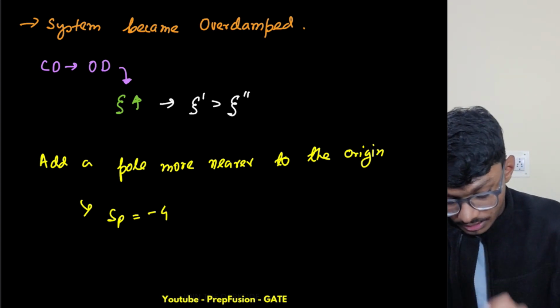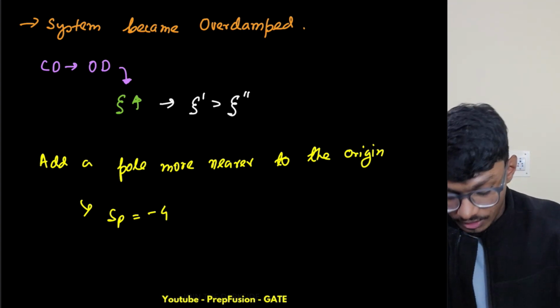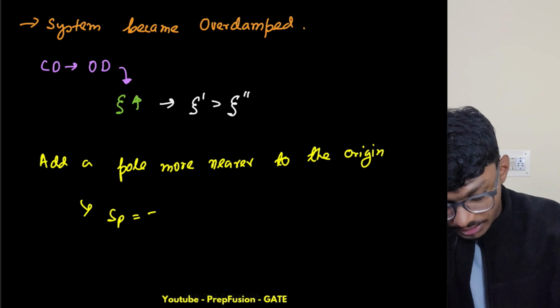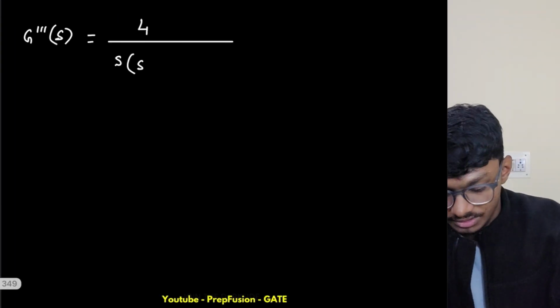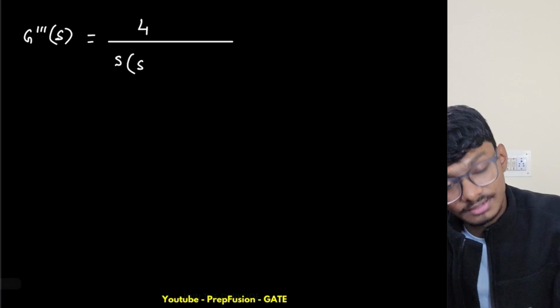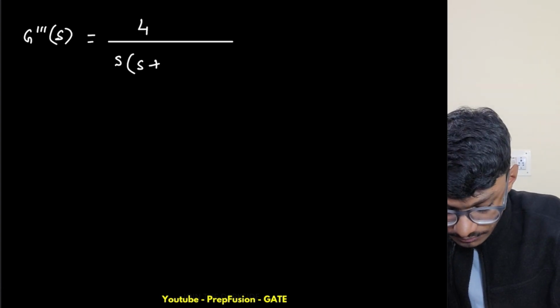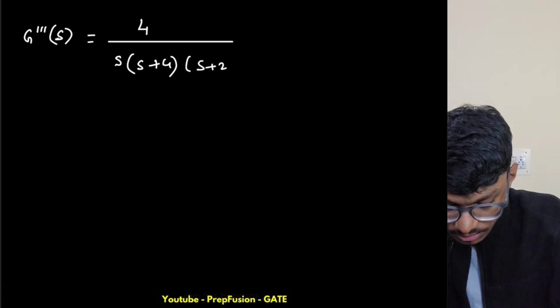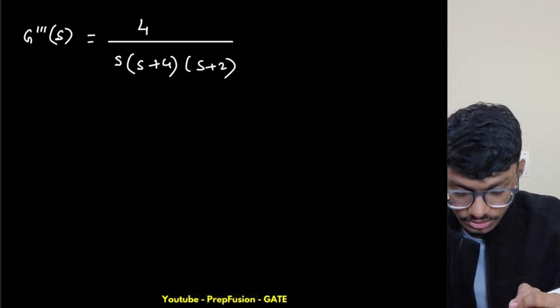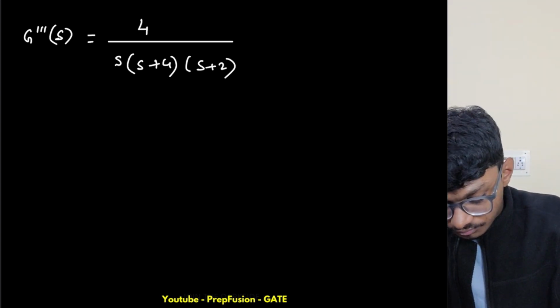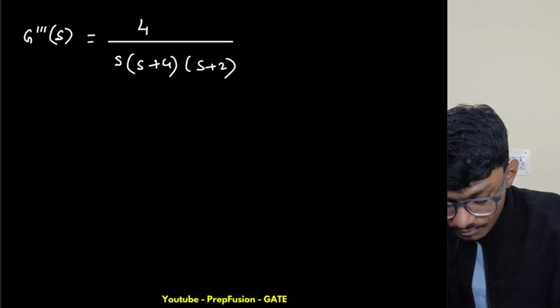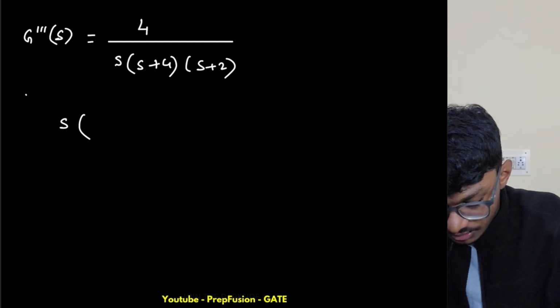Actually at S equals to 4 we already have a pole, so I should add at S equals to -2, else it will become simply a square. We can do that also, but let's add it more near to the origin. S plus 4 into S plus 2. Now let's write the characteristic equation.